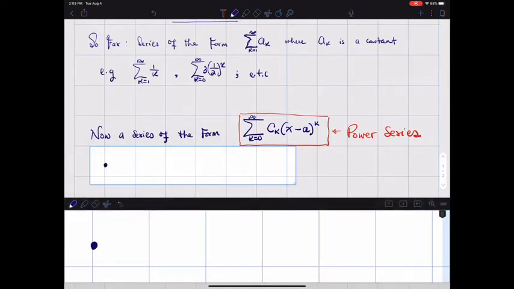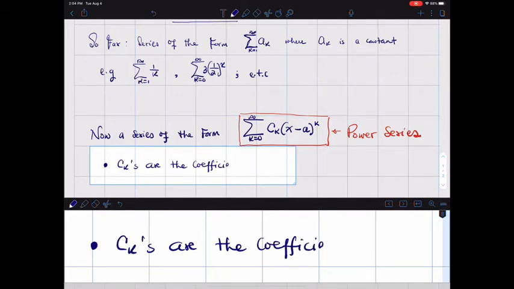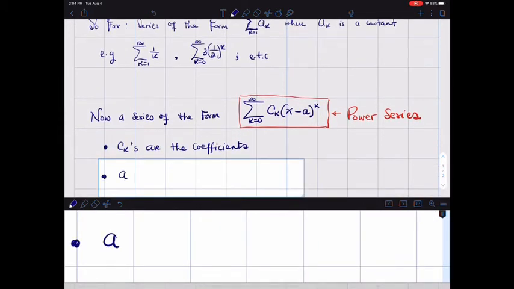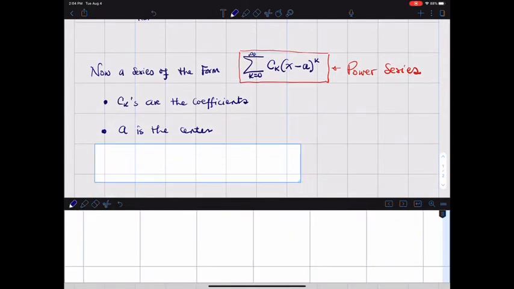terminologies. So in this power series, the ck, it's actually a little ck. The ck's are called the coefficients of the power series. a is called the center of the power series. So if a is 0, then we just have ck, x to the power of k, as I wrote before. And what else?